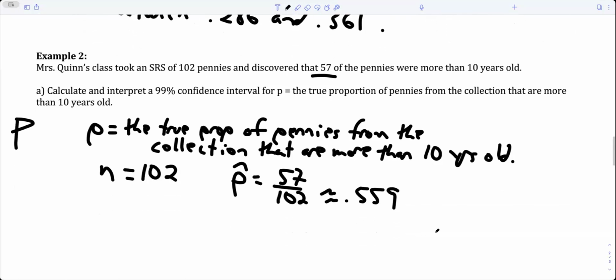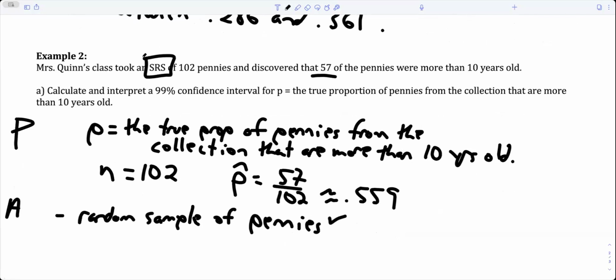Next up, the assumptions. First assumption, random sample of pennies.